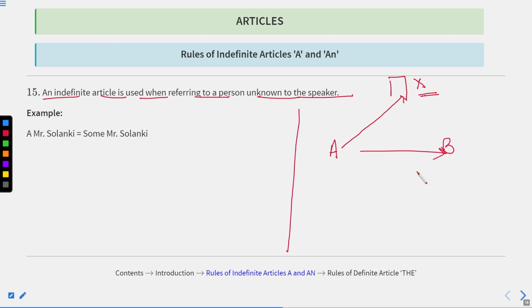Some means any, or there is some person. So a Mr. Solanki is equal to some Mr. Solanki. It means there is a person named Mr. Solanki, who he is, I don't know. So if the person whom someone is referring to is unknown to the speaker, he can use a or an for that particular person.